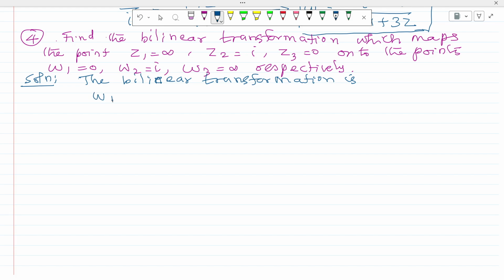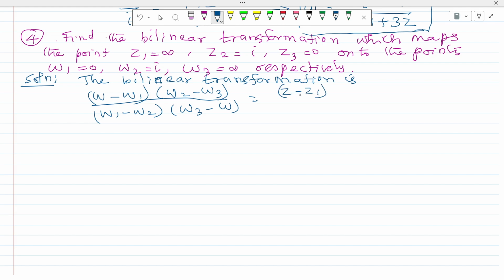W minus W1, W2 minus W3 divided by W1 minus W2, W3 minus W equal to Z minus Z1, Z2 minus Z3 divided by Z1 minus Z2, Z3 minus Z. Okay, fine.